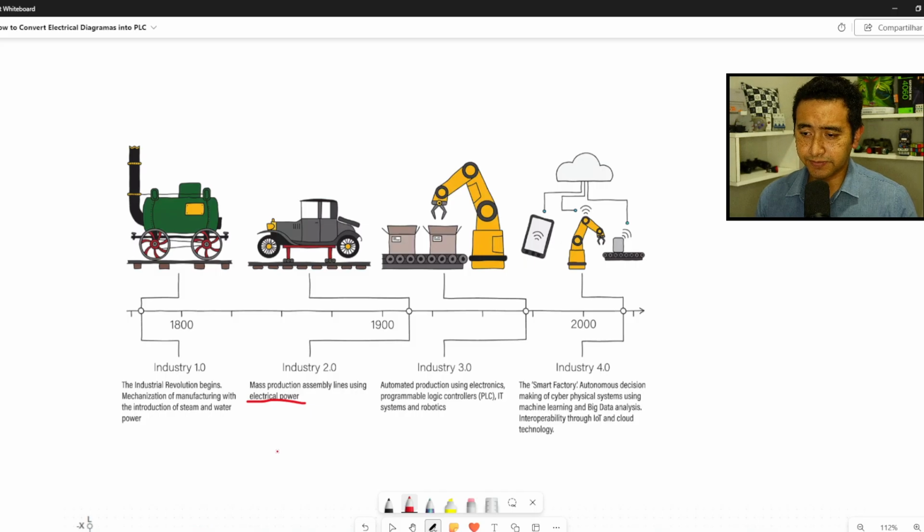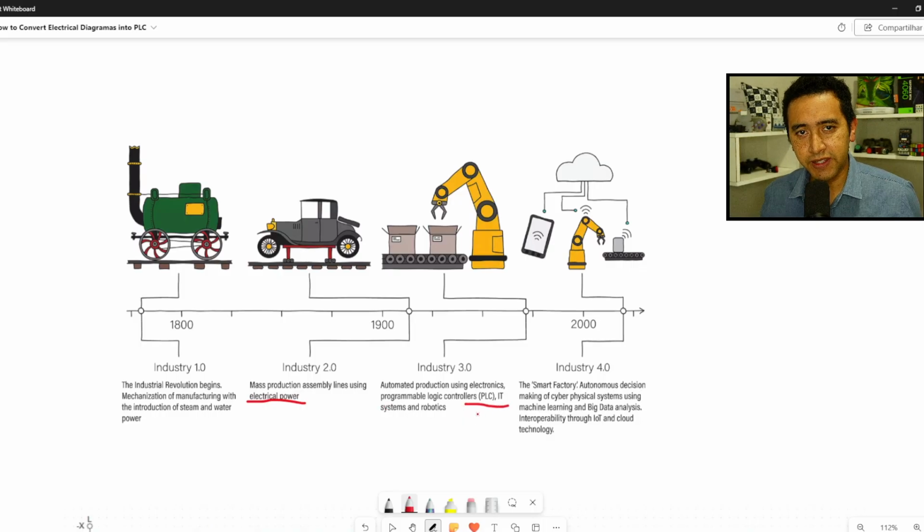Then after the Second World War, I think in the 60s or 70s, Industry 3.0 came for us. What did this give us? There is the birth of the PLC.